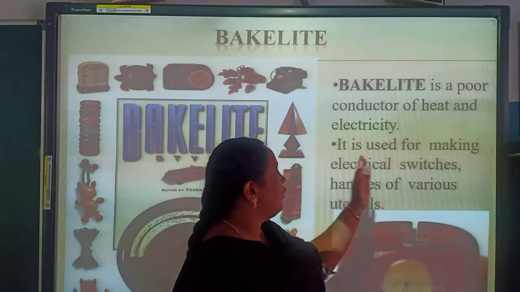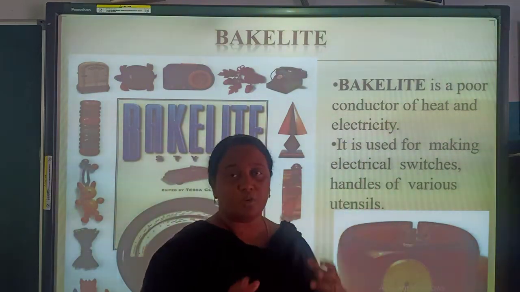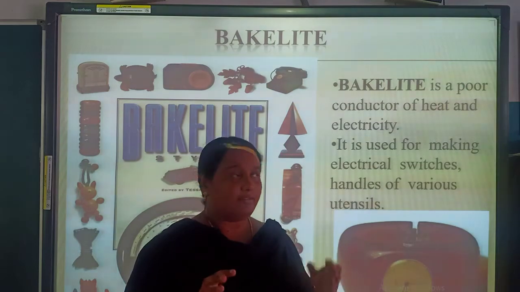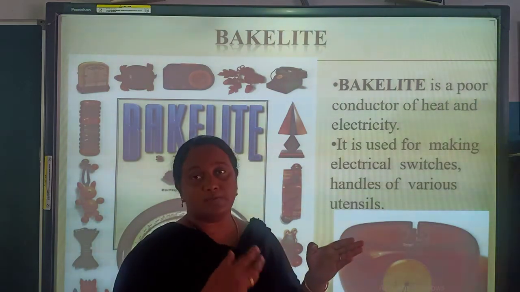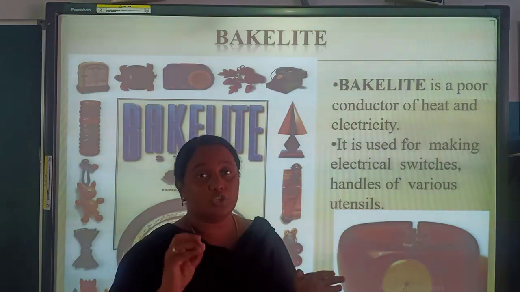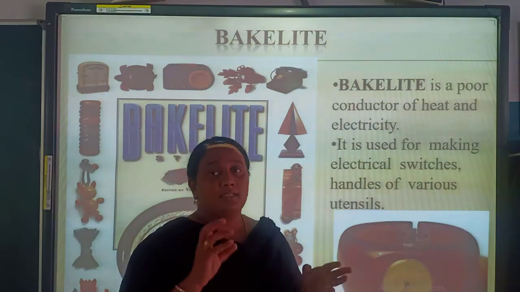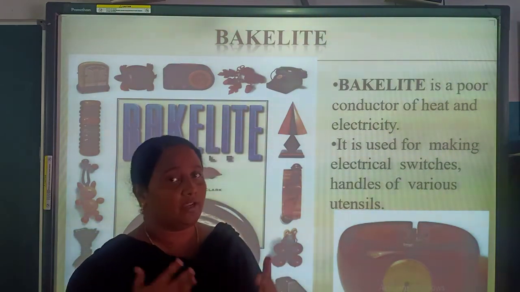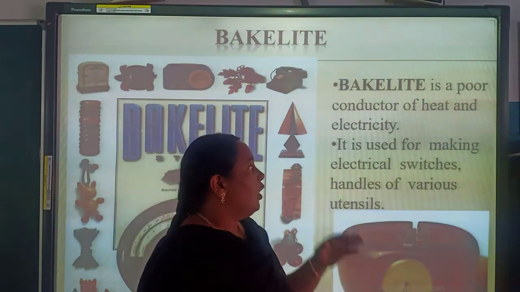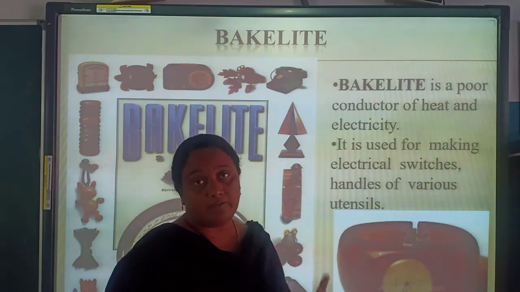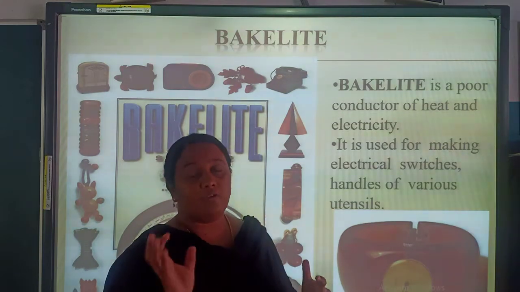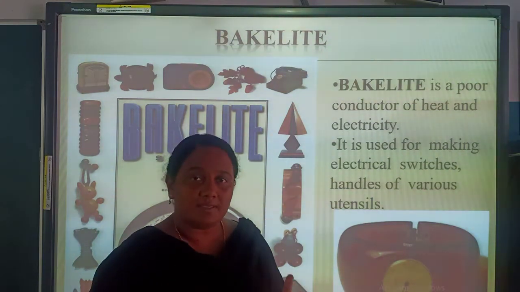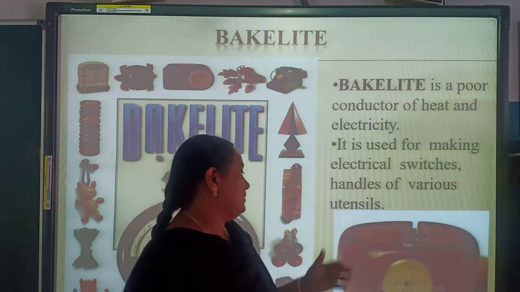So it is used for making electrical switches. When we use these things for electricity, they should not conduct, isn't it? So we use plastics. Plastics have the property that they do not conduct electricity. Also bakelite is a very poor conductor of heat, so it will resist heat to some extent.